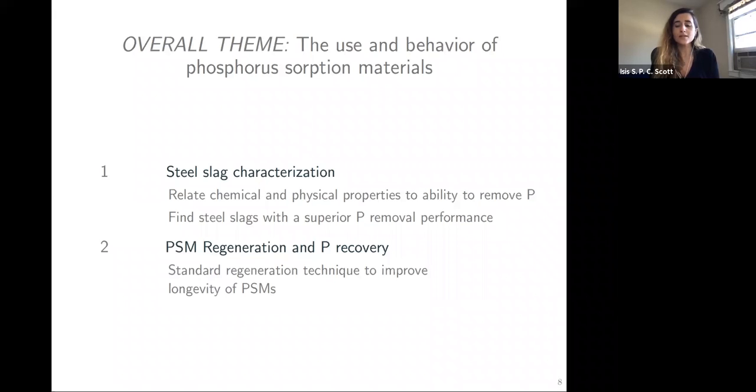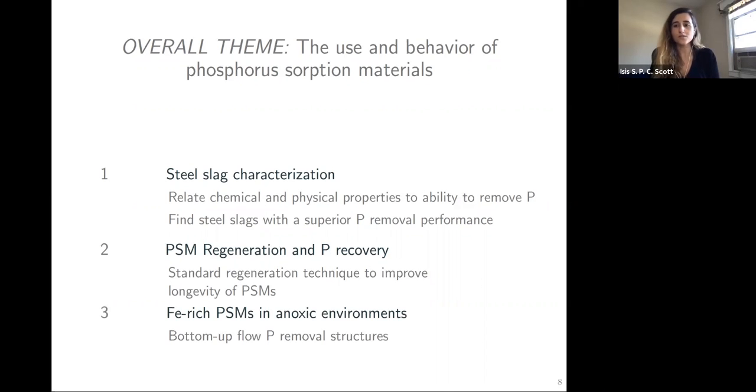The second piece of research that I will be presenting today is about the PSM regeneration and phosphorus recovery. So essentially in this work, we tried to establish a standard regeneration technique that was able to improve the longevity of PSMs by treating them when they are saturated with phosphorus. And the third research topic that I will be presenting today is the behavior of iron-rich PSMs in anoxic environments.